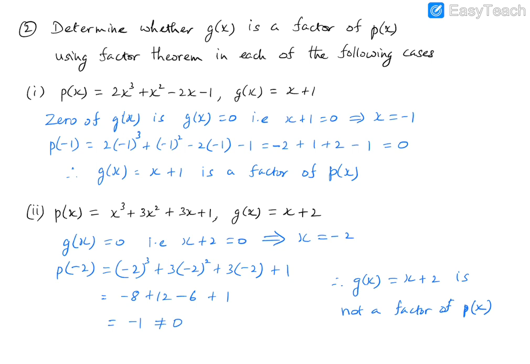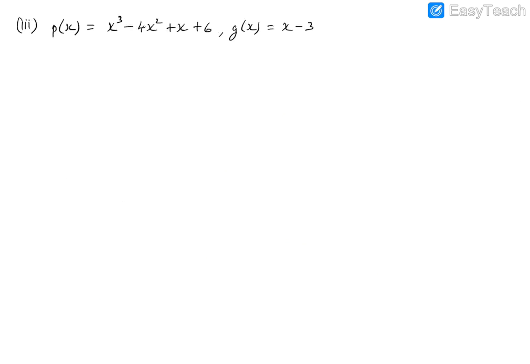Okay, so this is the procedure to check whether a given binomial is a factor of a polynomial or not. So let's do one more example of this. Again, we have g of x as x minus 3, so we need to find the 0 of g of x. So we will equate g of x to 0. So that will give us x minus 3 equals 0.